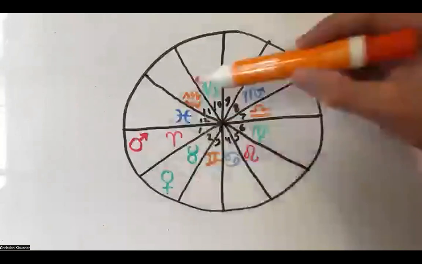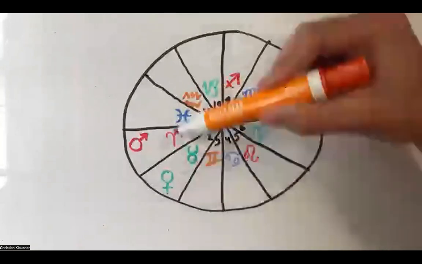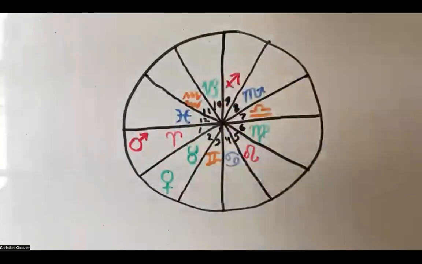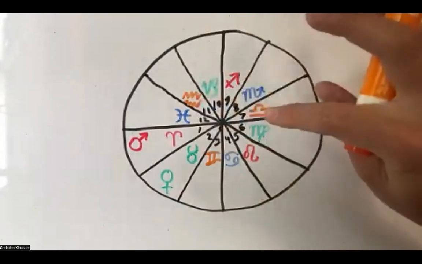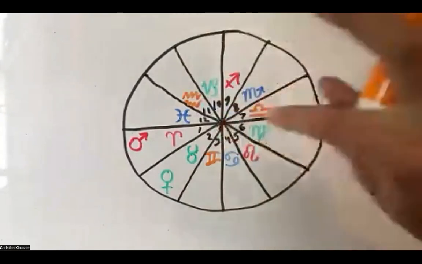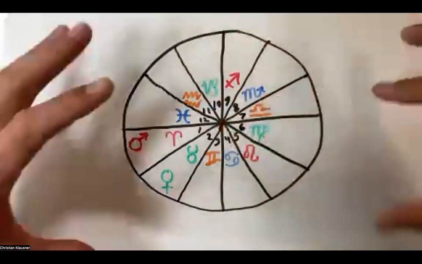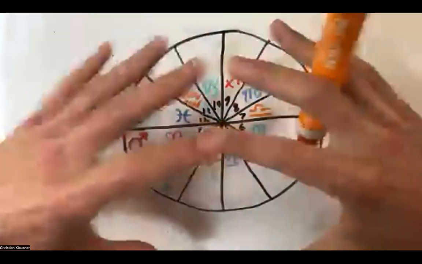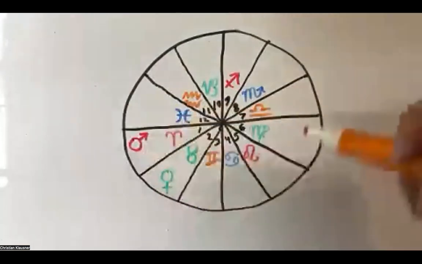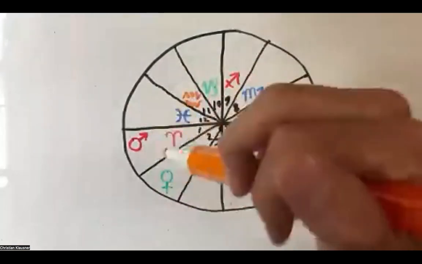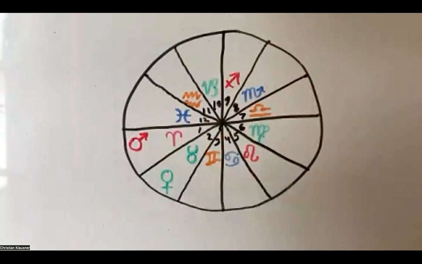So the signs, you guys, you can think of these as the filters through which energy comes through onto Earth. For anything to get onto Earth, which you could think of as being in the center, the planetary energies have to pass through the zodiac and get filtered through. So Mars can be in any sign, but Mars rules Aries, meaning it's at home in Aries.